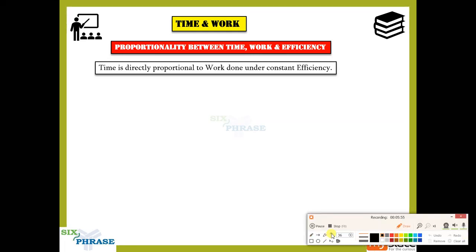Okay, now proportionality is of two different types. One is direct proportionate, and the other one is indirect proportionate. Okay, now how do you differentiate between these two, guys?